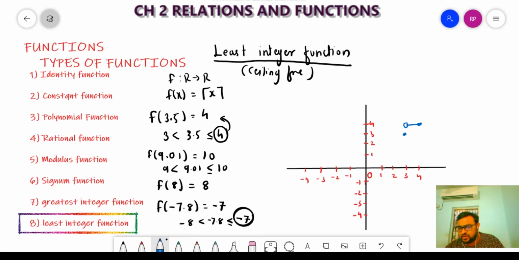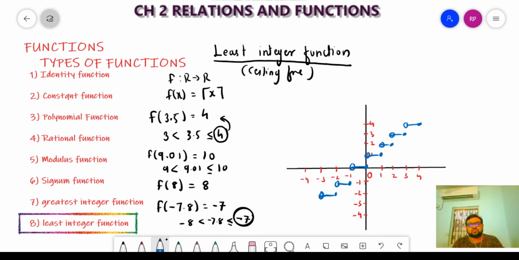Between 3 and 4 it will be 4. So this will be the graph. And so on. So in the least integer function, the hollow circle will be on the left and the solid circle will be on the right. So this was about the least integer function.